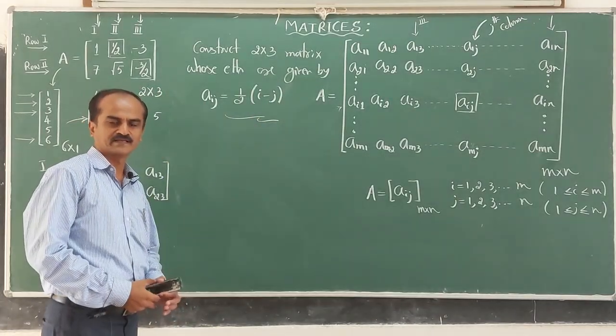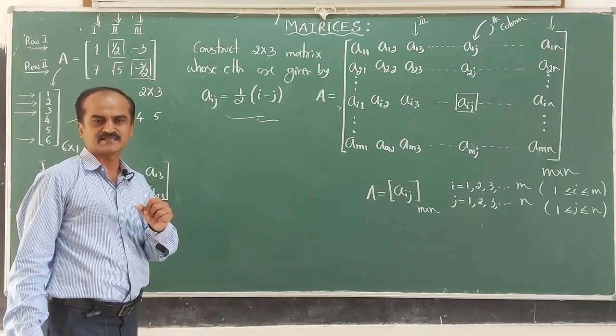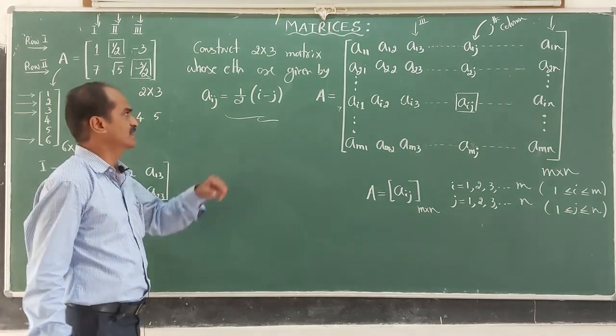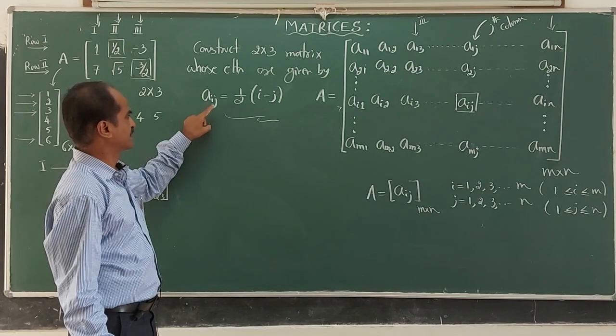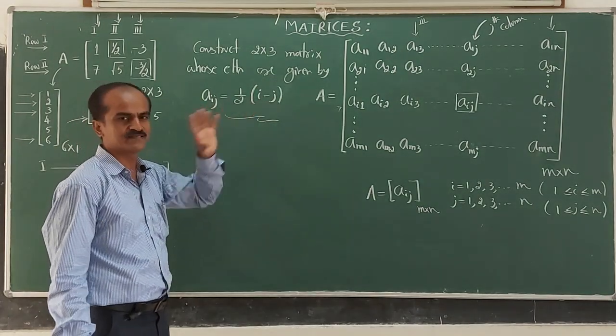What they did here: it is required to construct a 2 by 3 matrix, a matrix containing 2 rows and 3 columns, whose elements are described by this. The element of the matrix present in the ith row, jth column is half of i minus j.